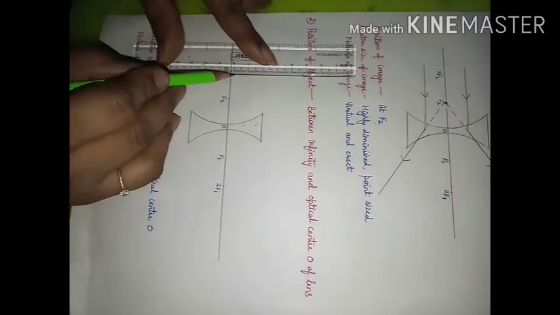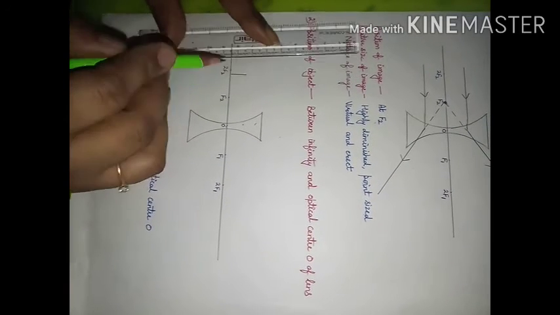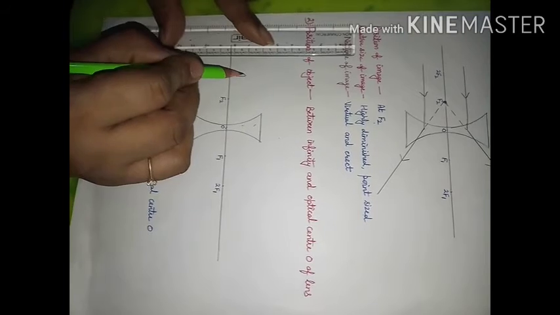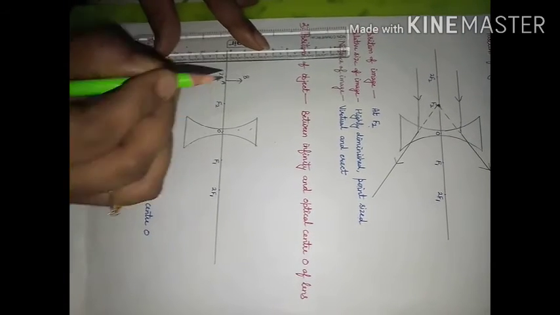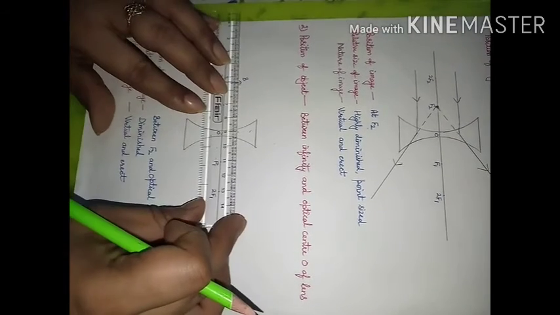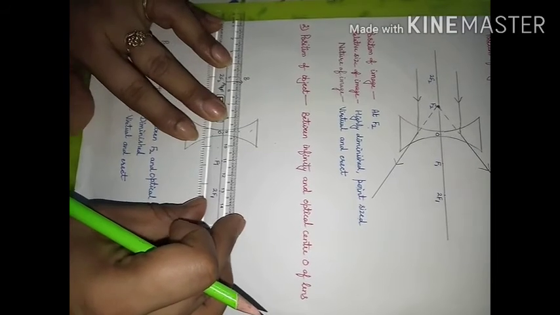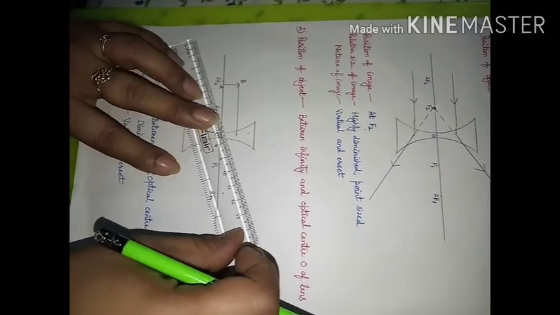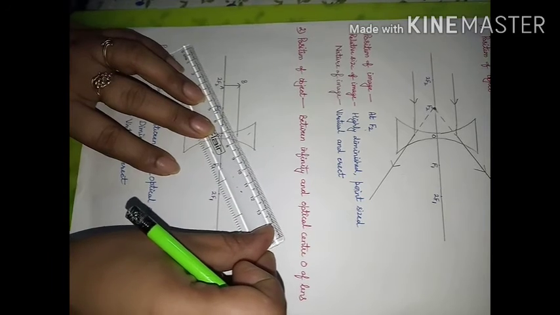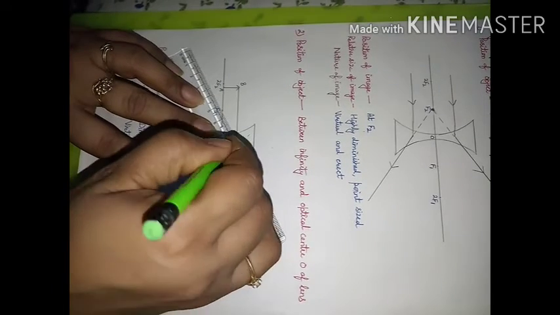Let us consider we have the object here. This is our object A, B. One ray of light is parallel to the principal axis. After refraction, it will appear to diverge from the focus.